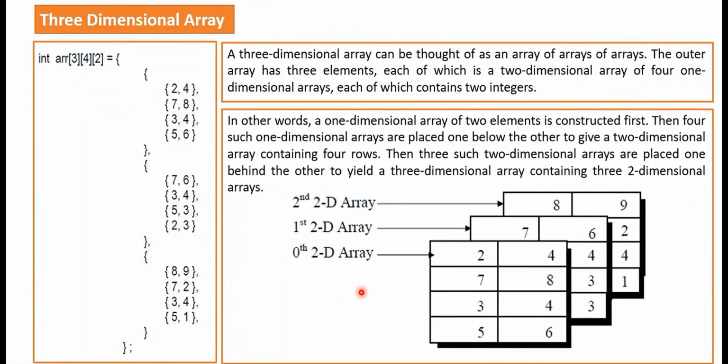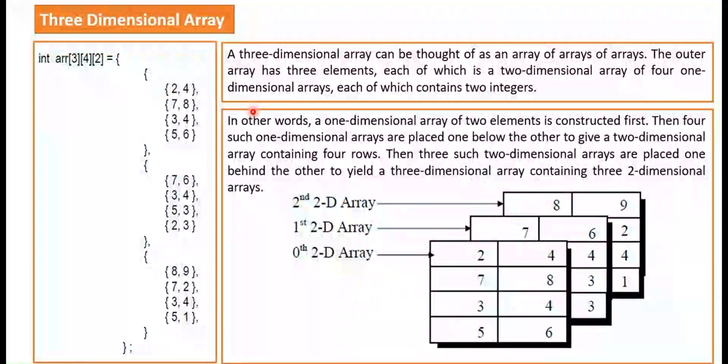Basically, this is a 3D array divided into 2D arrays, and as we have discussed, a 2D array can be described as a one-dimensional array having 2 elements in this case. Similarly, the 3-dimensional array can be considered as 3 2-dimensional arrays. This is the 0th 2D array, this is the first 2D array, and this is the second 2D array.